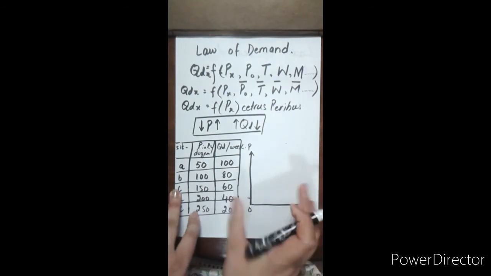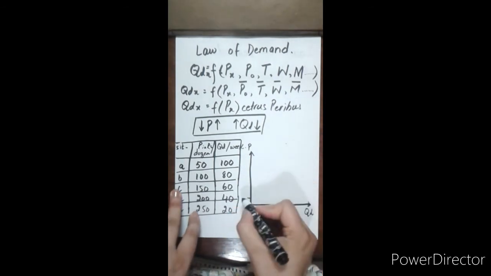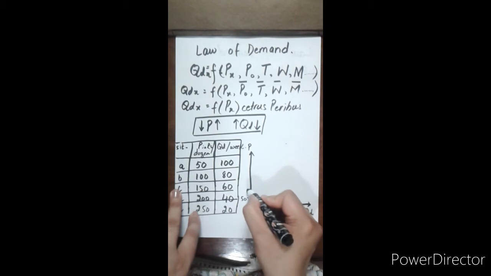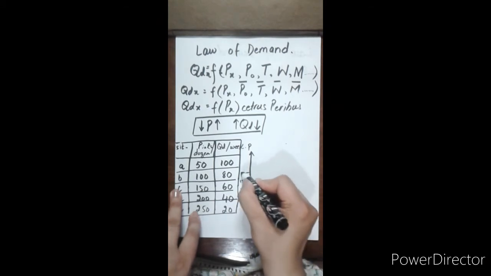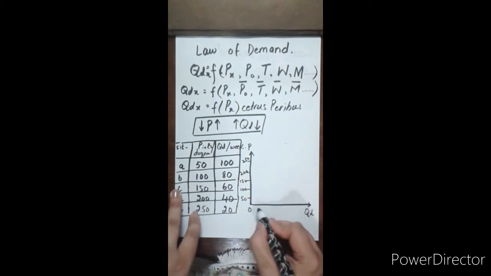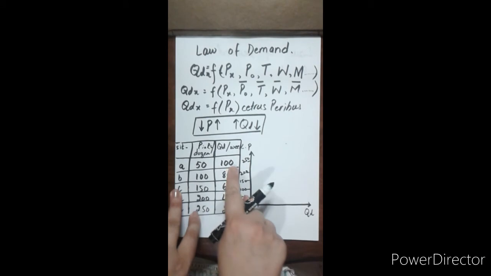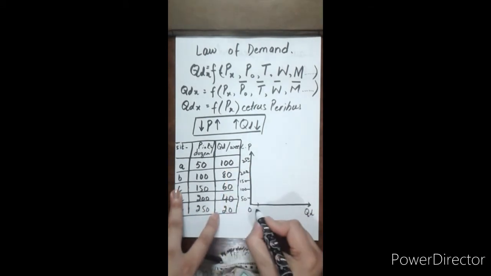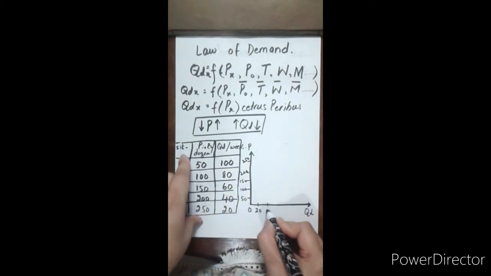So it is convenient according to the space that I am using, that I write 50, 100, 150, 200, 250, and over here I need a maximum value till 100, so I can have 20, 40, 60, 80, 100.